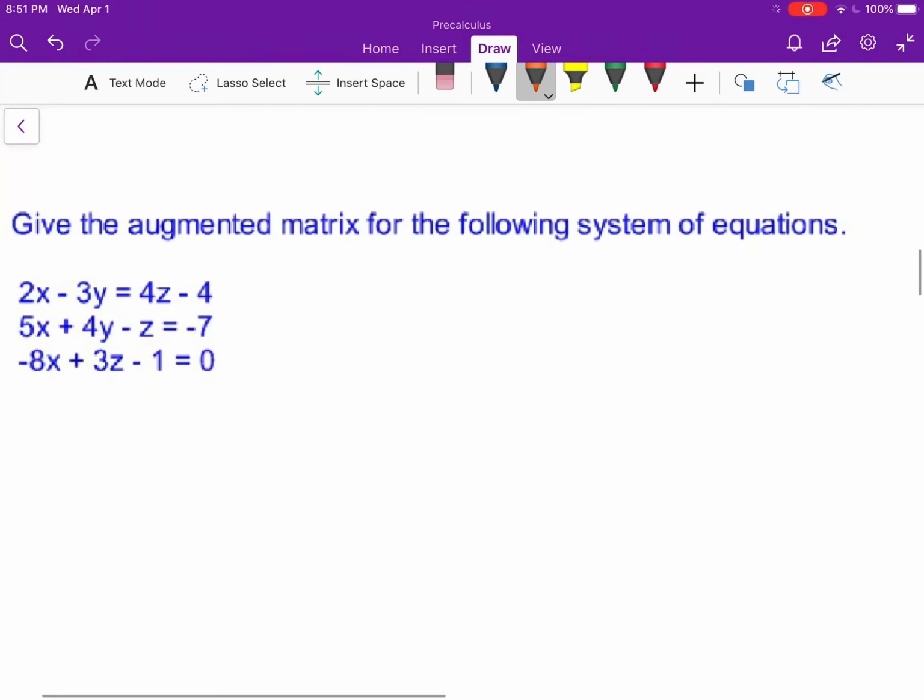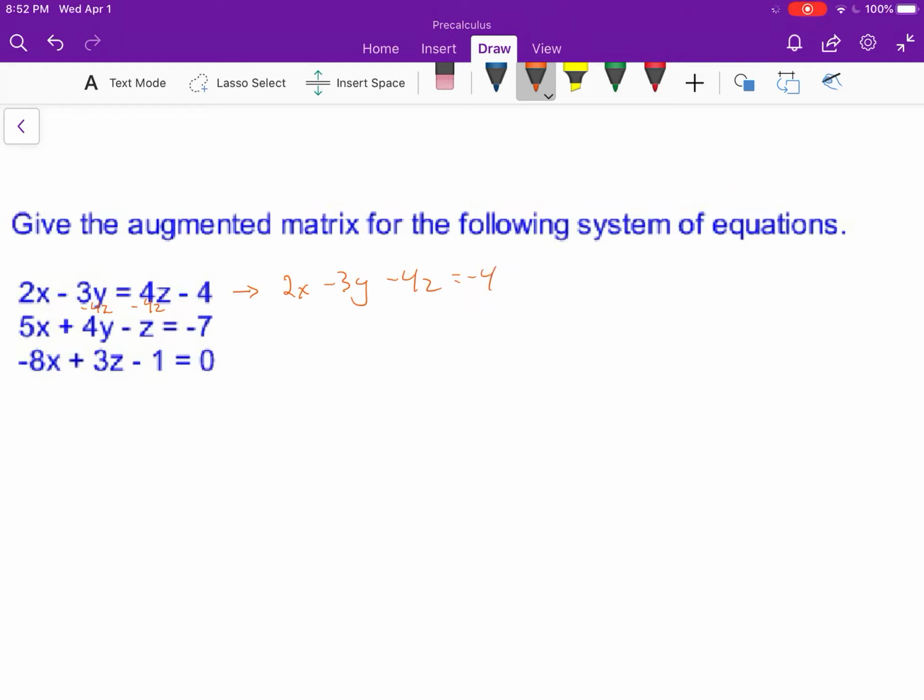So just for practice, we want to put this system of equations in an augmented matrix. First, we want to make sure all the variables are on the left side in the order that we want, and the constants are on the right side. We see in this first equation that this z needs to go to the other side, so we're going to subtract 4z from both sides. So we will have 2x minus 3y minus 4z equals -4.